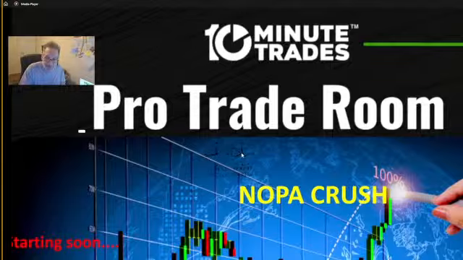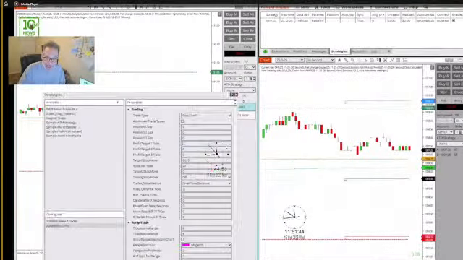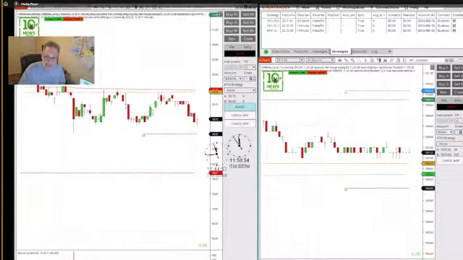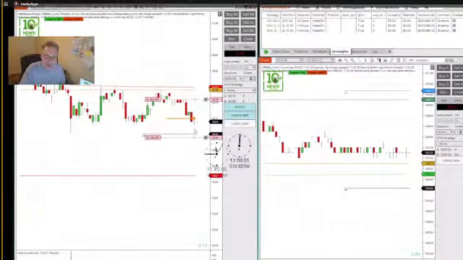Unfortunately, seeing that gigantic move up definitely makes me think that we're not going to get the size move that I was thinking might be possible, because it looks like the market's made the move. Here was October.